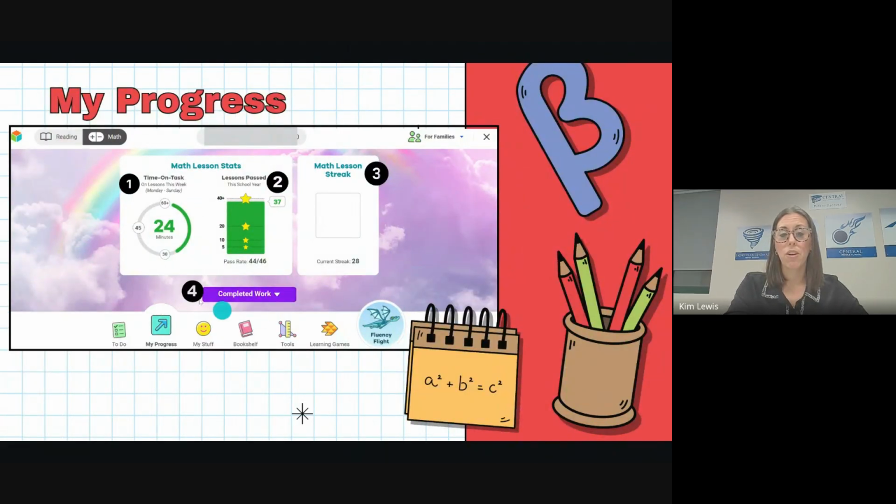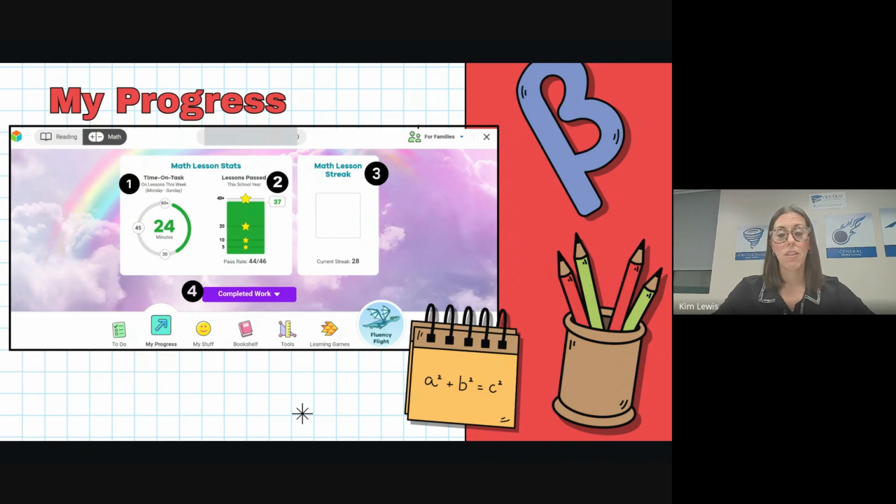So those 4 components of the My Progress Tracker are things that at least give you some insight at home of what they have been working on. It gives you a conversation starter if they are having a lot of minutes but not passing lessons. Again, another topic to talk about.